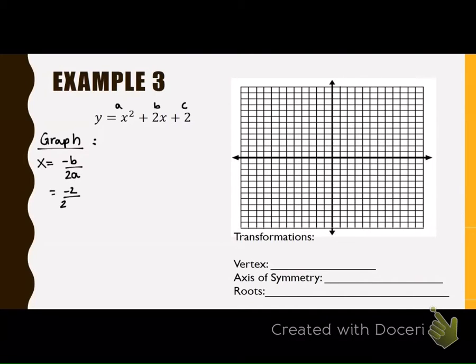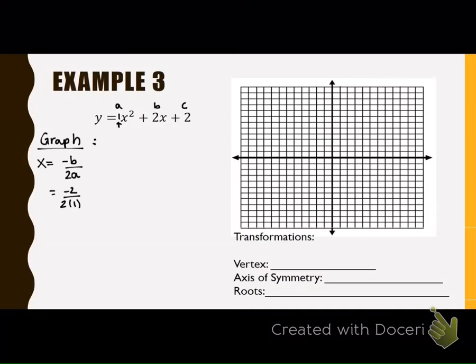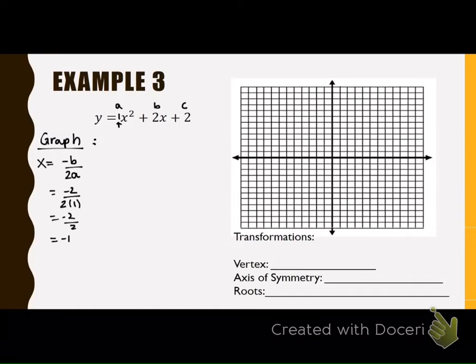X is what is in front of it? 1. So I have negative 2 over 2, which is negative 1. And then all we have to do is substitute that back in using your calculator. So go ahead and put that in your calculators real quick. If you don't know how to put it in a calculator, you need to figure that out today.